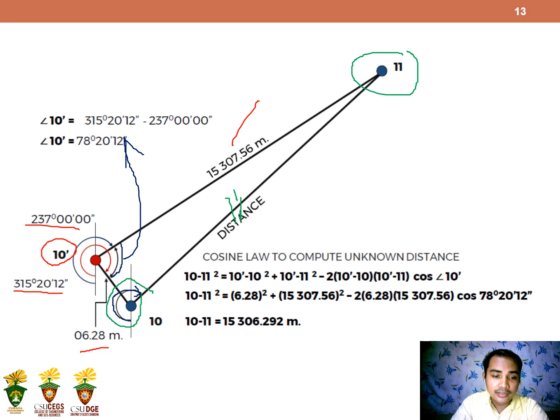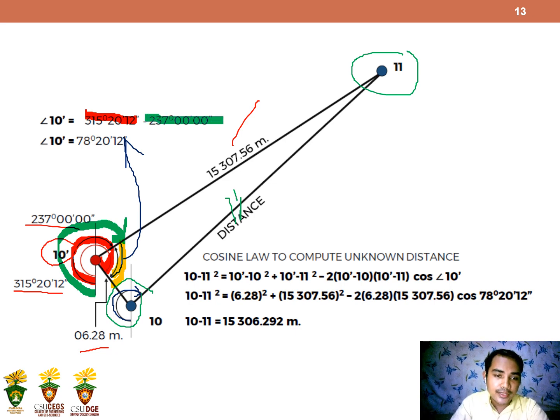To visualize again, this yellow part, this red angle, is 315 degrees, 20 minutes, 12 seconds minus this 237 degrees.